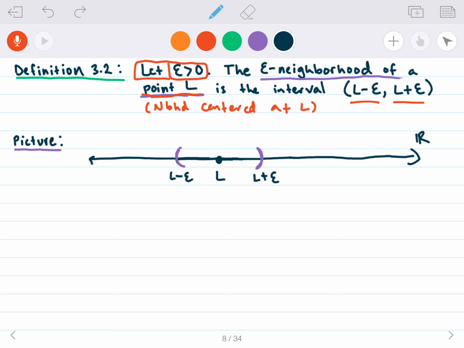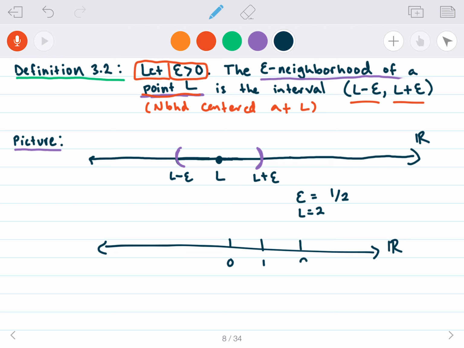And if you want to get more concrete about it, you could say, let's have L equals 2 and epsilon equals 1/2. Where's our neighborhood on our picture? If this is 0, this is 1, this is 2. My epsilon neighborhood is going to be centered at 2, my 1/2 neighborhood.